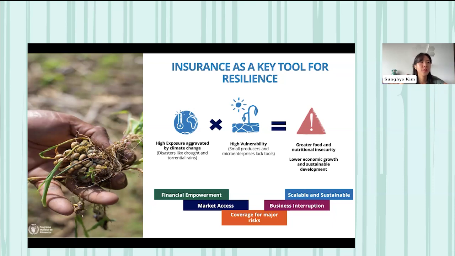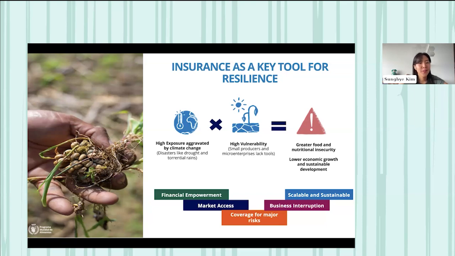Let's take a closer look at how insurance can be a key tool for resilience. First, financial empowerment. To empower smallholder farmers financially, we address their limited access to financial services and education. By providing financial education, improving access to credit, and supporting prudent financial decision making, we help them make informed choices and better investments.